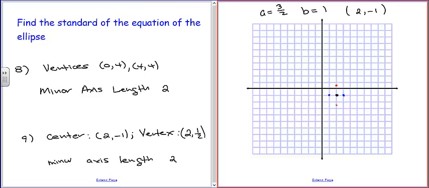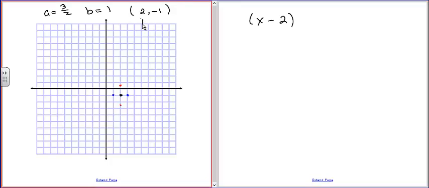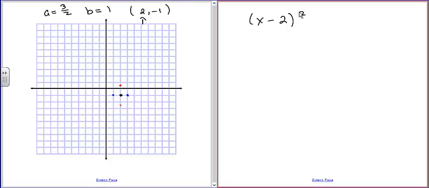So given all those 3 pieces of information, the equation would be, and again the y-axis is the major axis. So you're going to have x minus 2 squared because of this. You'll have y plus 1 squared because of that. The major axis is associated with the y direction, so it's 3 halves squared.